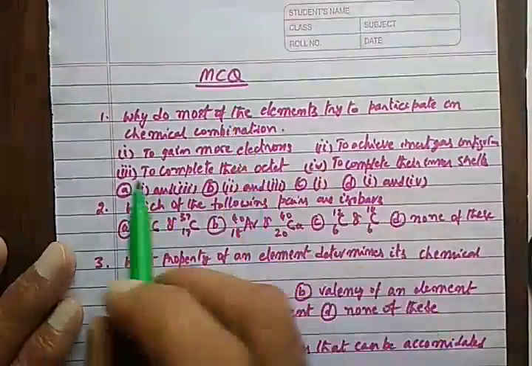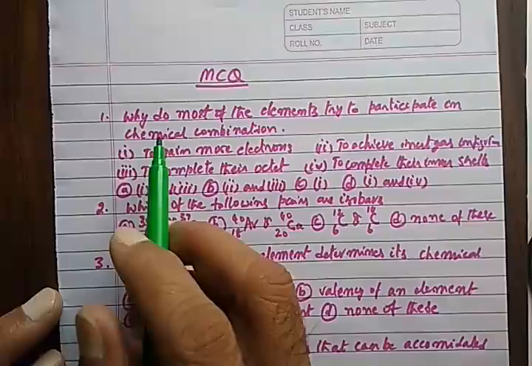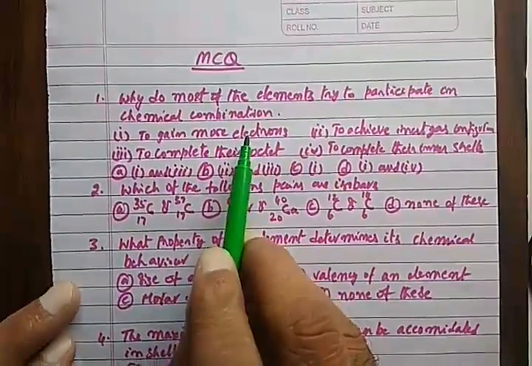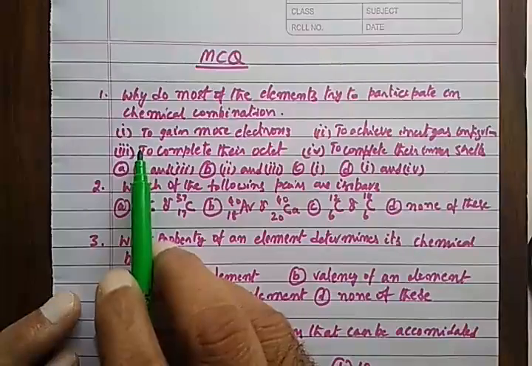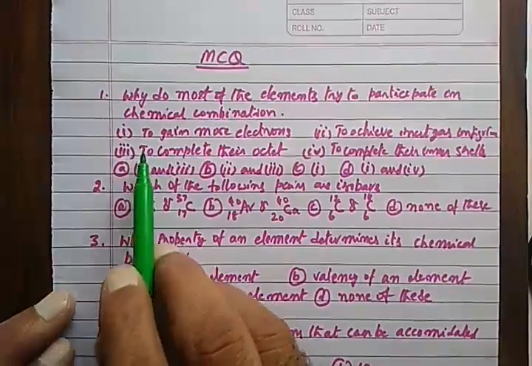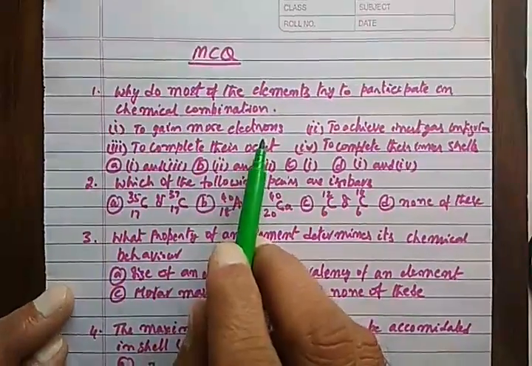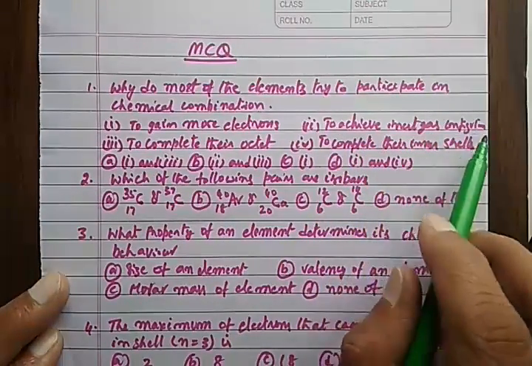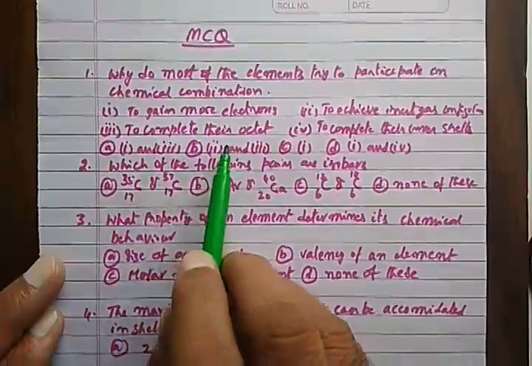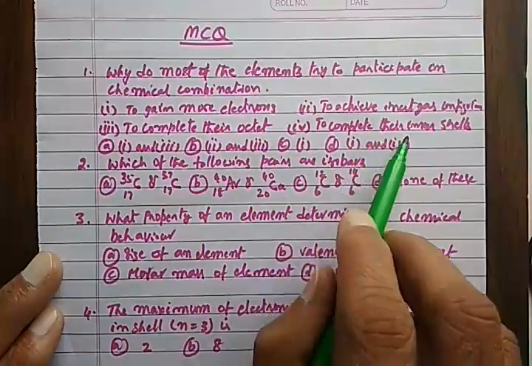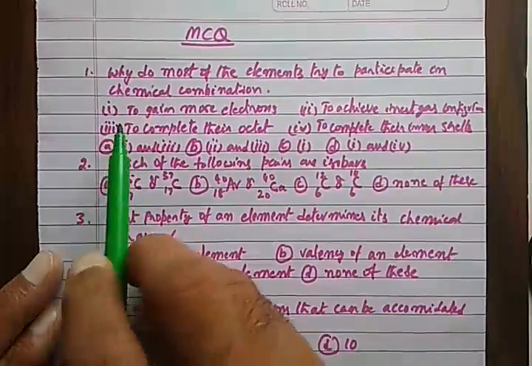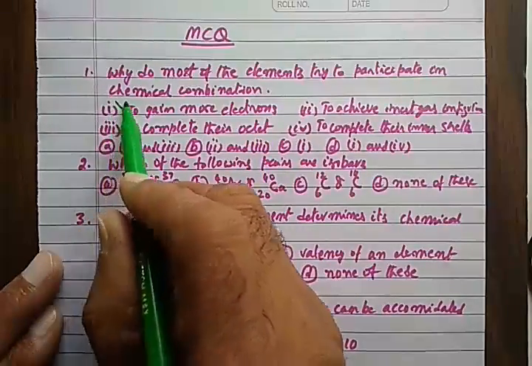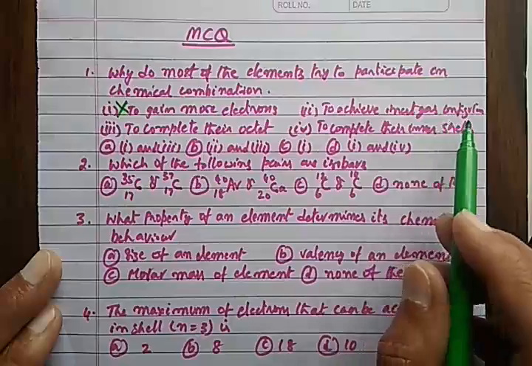Multiple choice questions. Question number 1. Why do most of the elements try to participate in chemical combination? So let us read the possibilities. To gain more electrons, to achieve inert gas configuration, to complete their octet, to complete their inner shells. See, to gain more electrons, this we never discussed. This is not correct. To achieve inert gas configuration, correct.